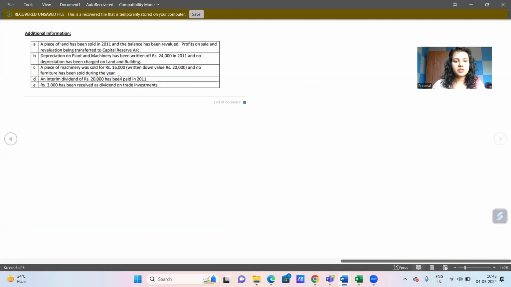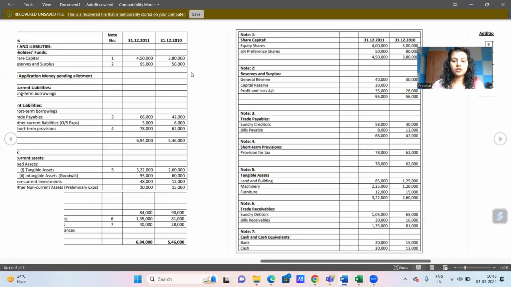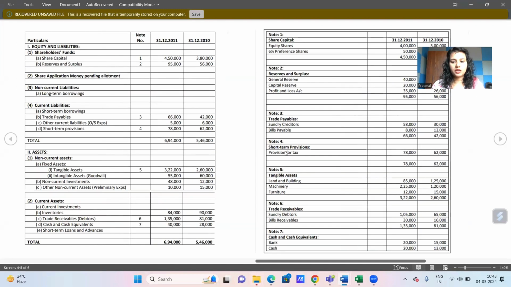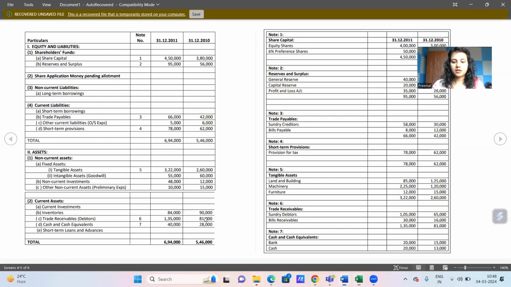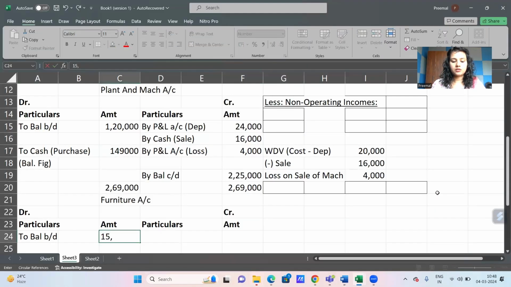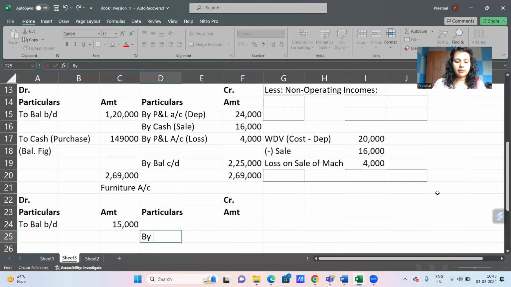The remaining two adjustments are in relation to dividend paid and dividend received. Before that, they have mentioned no furniture has been sold. So let's just prepare the furniture account to see what exactly happens over here. Let's transfer the balances first. To balance brought down. The opening balance of furniture is 15,000 and the closing balance by balance carried down is 12,000.